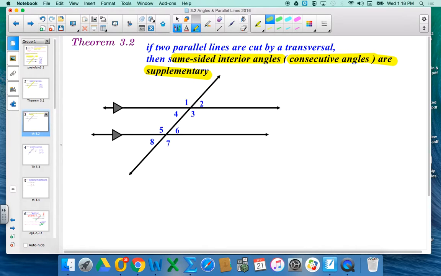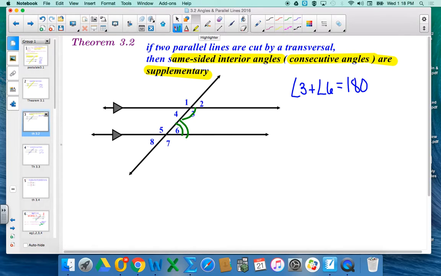Same-sided means on the same side of the transversal. Interior means inside the parallel lines. So a pair of same-sided interior angles might be 3 and 6. Angle 3 plus angle 6 is equal to 180, so they're supplementary.